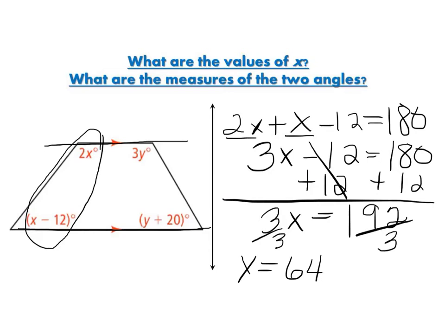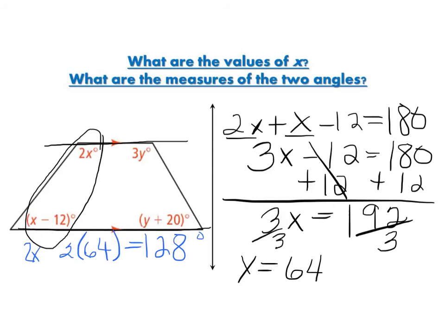So now I just need to plug in 64 for x to find out what the measurements are. So I have 2x, which is 2 times 64. That's 128.